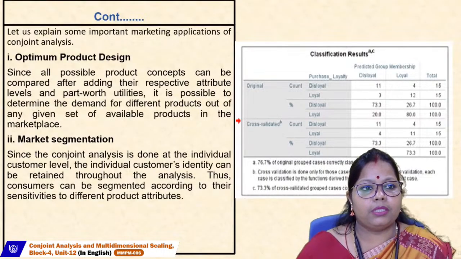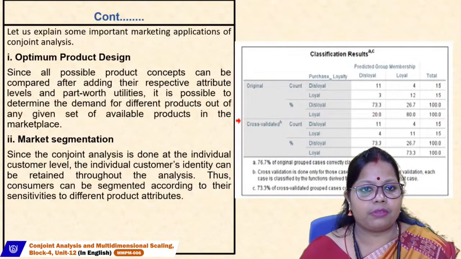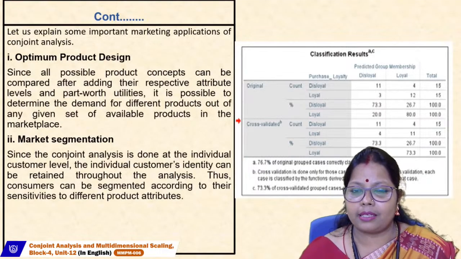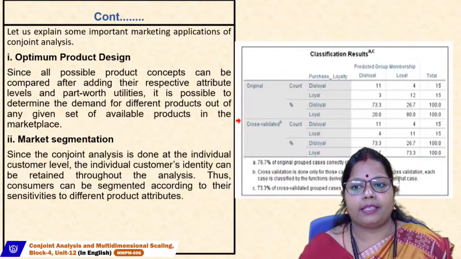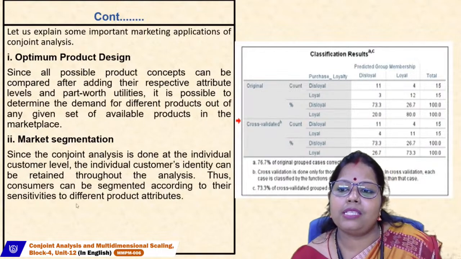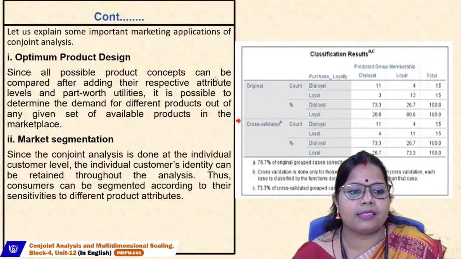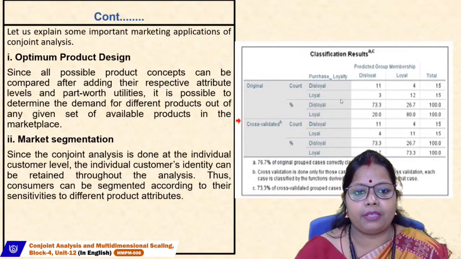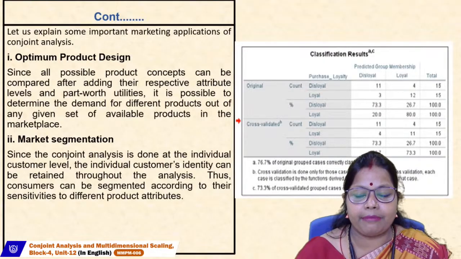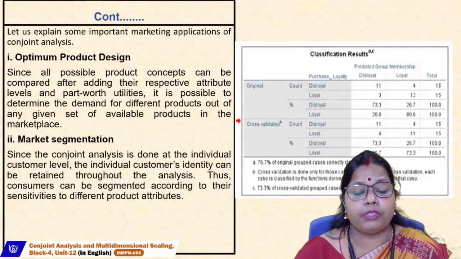So coming to some other marketing applications of conjoint analysis, one is optimum product design. Here we got this from SPSS that all possible product concepts can be compared after adding their respective attribute levels and part worth utilities.